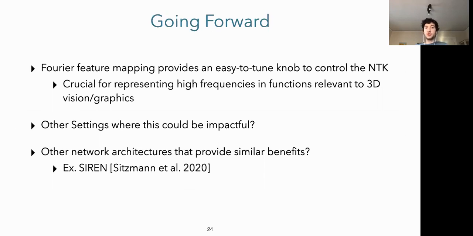I think there's a potential use case in robotics where you have a lot of these low-dimensional inputs, such as joint angles or velocities, and you might be interested in a more high-dimensional output, not just a very smooth output. There's also a lot of recent work in neural ODEs and these other types of problems that again have these very low-dimensional inputs. This sort of Fourier feature mapping could potentially allow you to capture these higher frequency outputs.